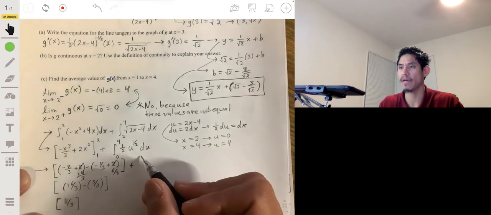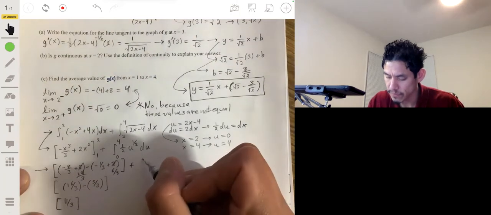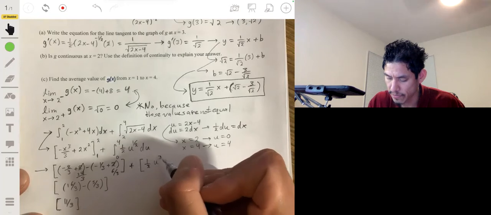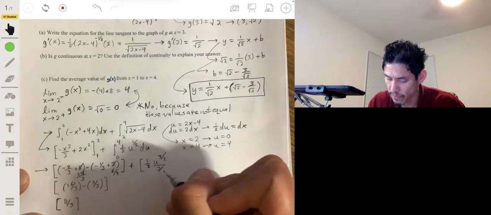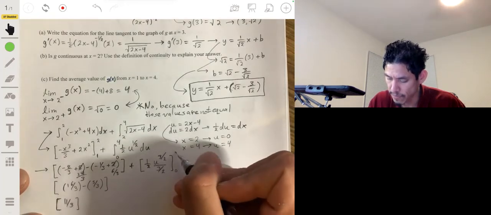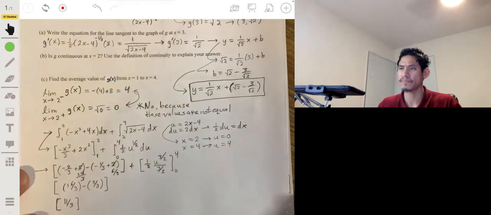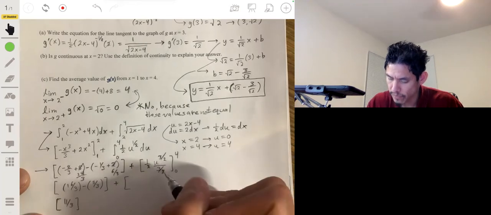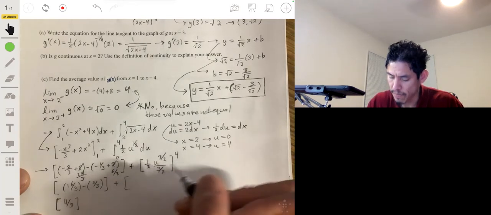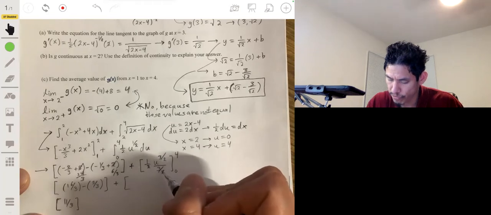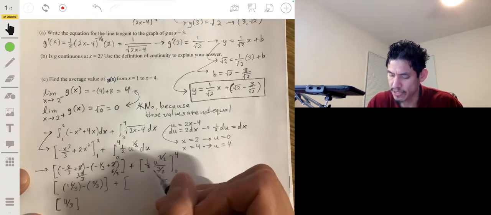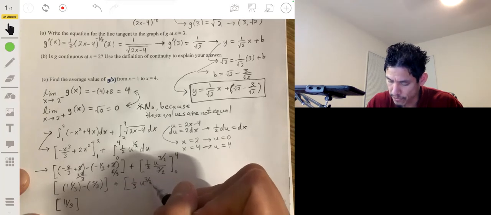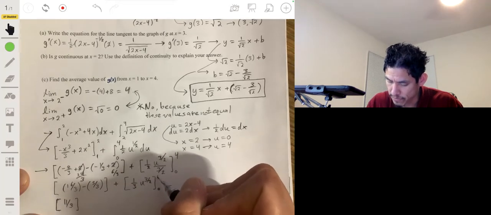Let's move on to this part now. Integrating 1/2 u to the 3/2 over 3/2 from 0 to 4, the 2's cancel, so it becomes 1/3 u to the 3/2 from 0 to 4.